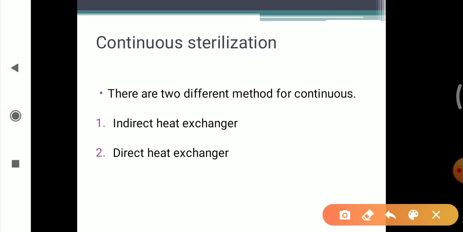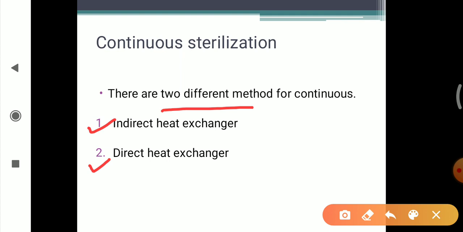So, in this video lecture, we will discuss continuous sterilization of media. In continuous sterilization of media, there are two different methods. That is the indirect heat exchanger, and the second one is the direct heat exchanger.